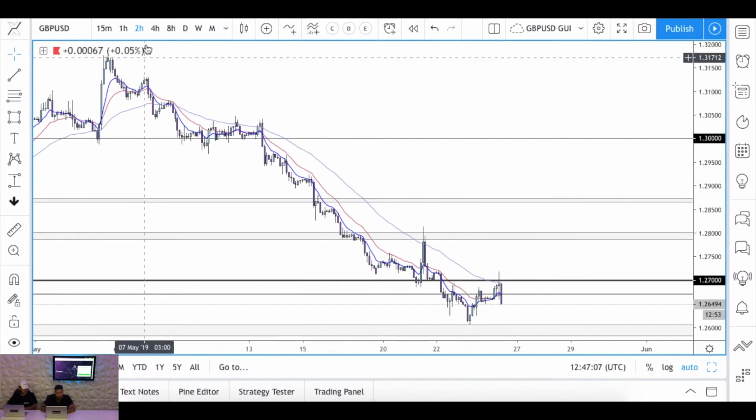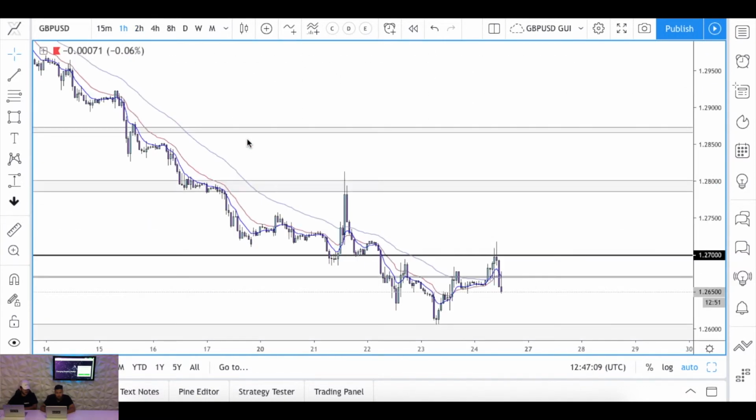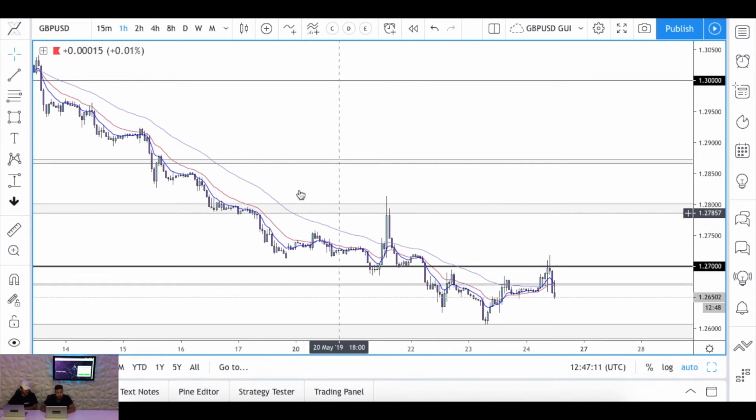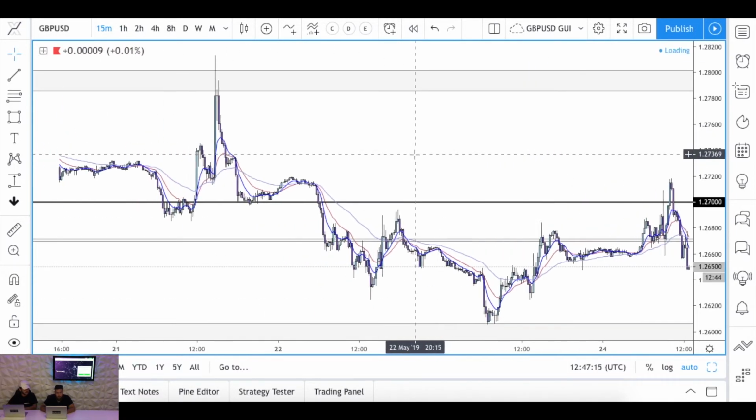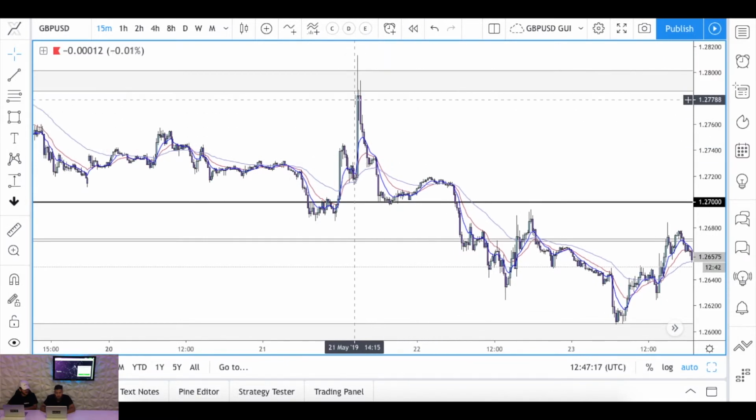On the 2-hour we can see the week as well. On the 1-hour time frame we can see the rejection, and my entry was about over here, on the 15-minute time frame. I saw this rejection of the whole psychological area of resistance, and I entered over here.